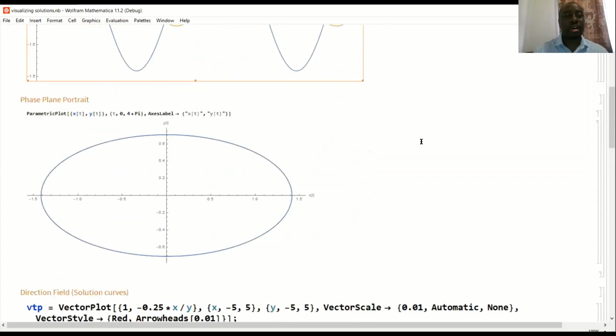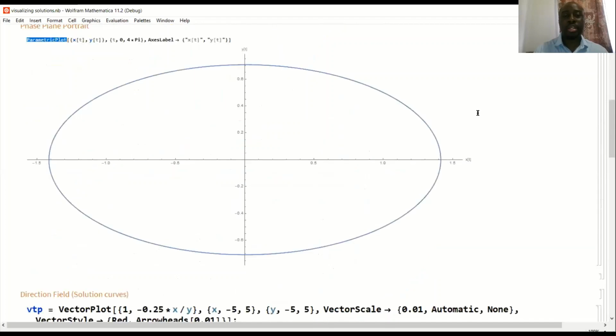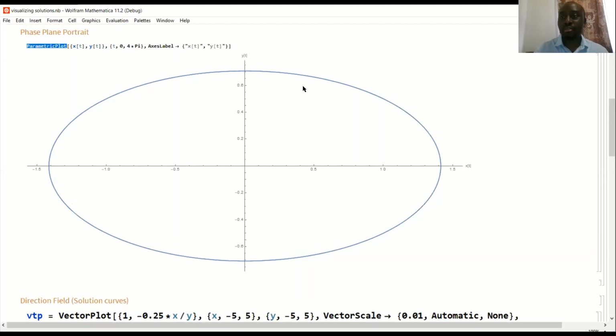Okay, this is how the phase plane portrait looks. I'm using the parametric plot function, right? And now you can see here that my x of t and my y of t seem to be moving along an ellipse with some predefined major and minor axis. And because they lie on a closed curve, I know that x of t and y of t are periodic, right?